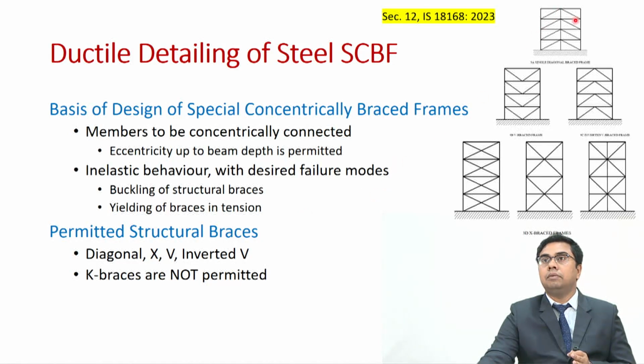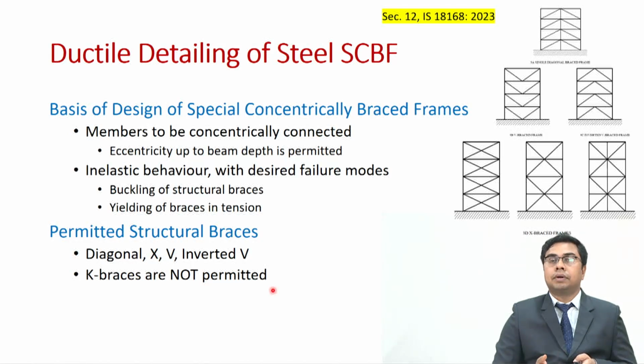These are called diagonal bracing, these are called V bracing, these are called inverted V or chevron bracing, these are X bracing or diagonal bracing, these are multi-story bracing, which are bracing 2 or more stories. So, that is how different types of structural brace configurations are possible. At the same time, K braces are not permitted. We will know more about the reason why K braces are not permitted in the upcoming class.